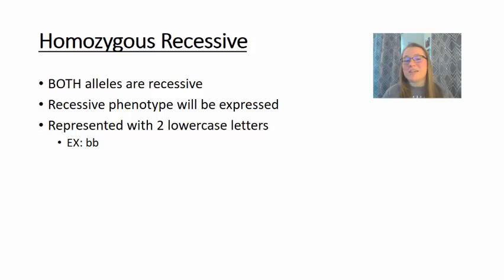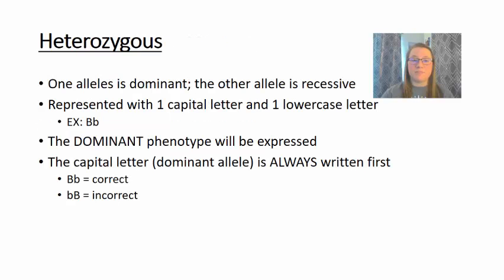This is the only time that the recessive phenotype can actually be expressed. The third type, heterozygous. This is when one allele is dominant, the other allele is recessive. So we have one capital and one lowercase letter. Because there is at least one capital letter, the dominant phenotype is going to be expressed.